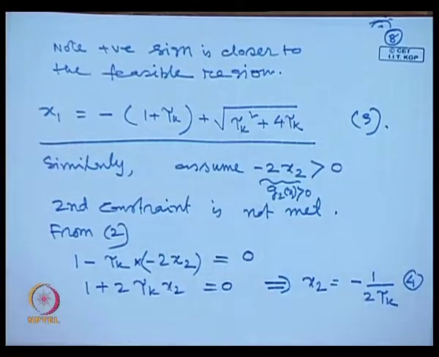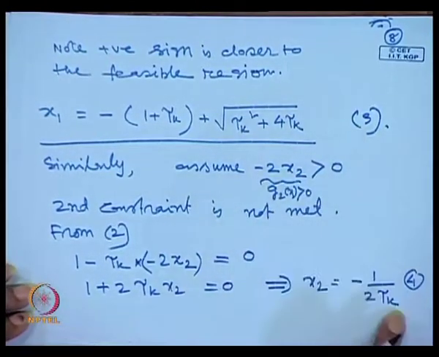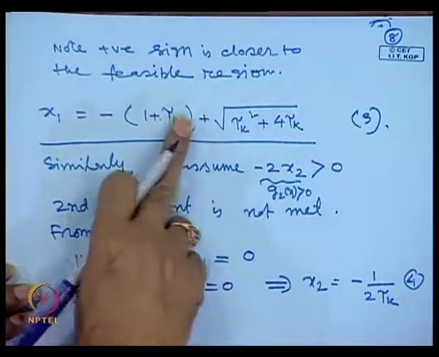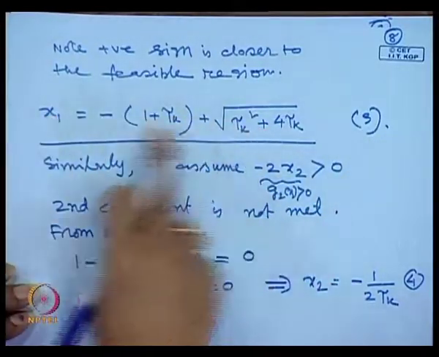Now, you see this one, this and this, when tau k approaching infinity, very large values, this merge to a 1.